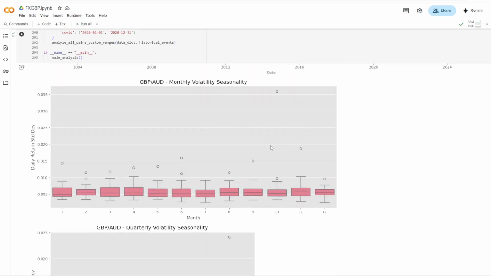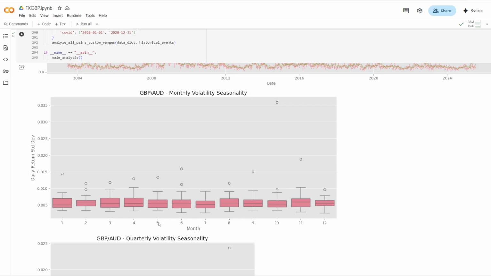So here we have the monthly volatility seasonality. We have another instrument that tells us which months of the year are more volatile and which months of the year are less volatile, according to the specific FX pair.